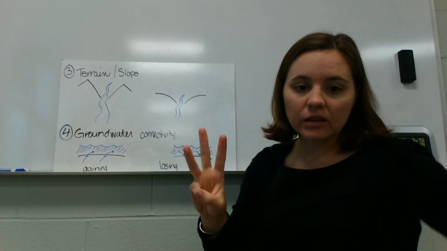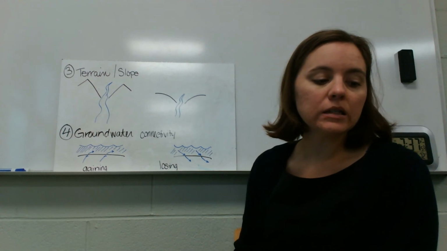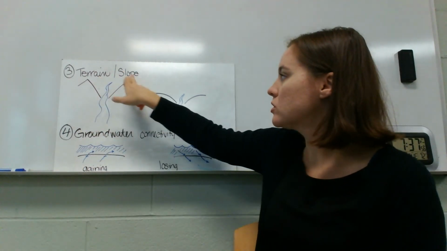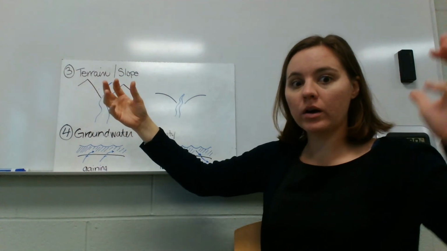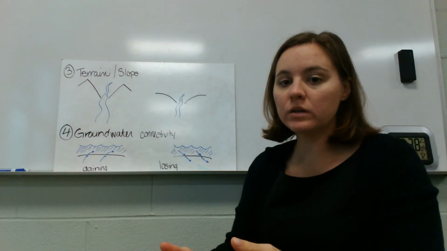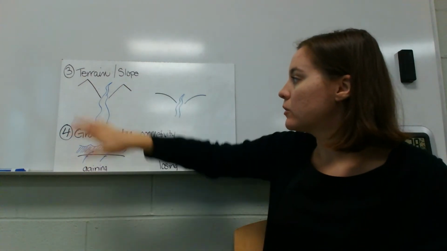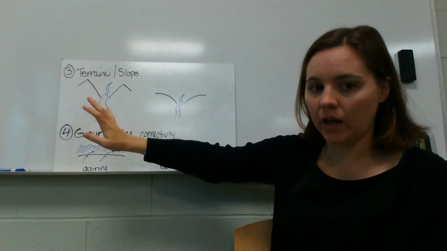So the third thing that affects surface water flow is the slope of the ground or terrain. If we have really steep mountains, obviously that water is going to be influenced more by gravity, and it's going to run down those mountains really fast, and we're going to get a larger volume in our surface water, so in our stream or our lake.